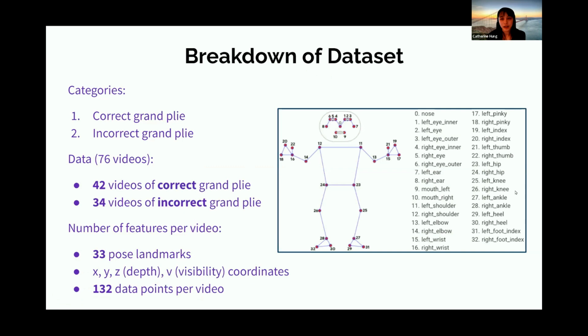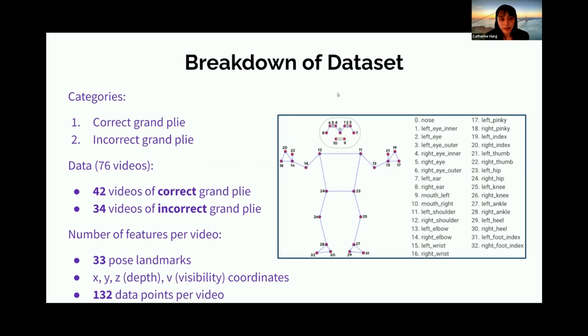So this is a breakdown of the data set. To clarify again, we have two categories, a correct grand plie and an incorrect grand plie. I was able to collect a total of 76 videos, 42 videos of correct grand plies and 34 videos of incorrect grand plies.